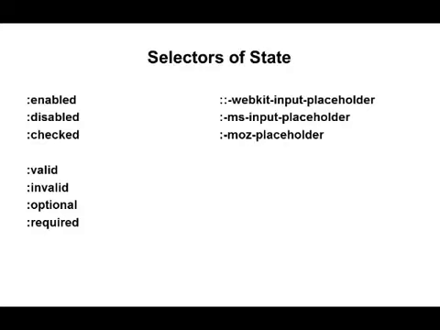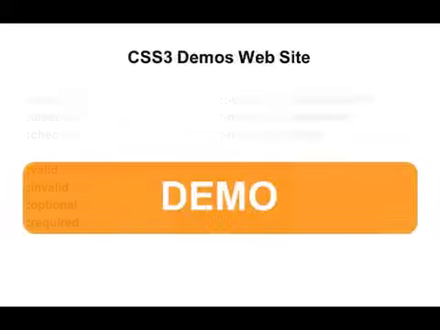And there's even the ability for us through vendor prefixed definitions to highlight things such as placeholder data that sits inside of input tags. This is like the watermarks out there that say, hey, put a name or an email or an address in me. So we're going to see an example of that. And of course, the best way to really get a good understanding of it is to see it all in action.